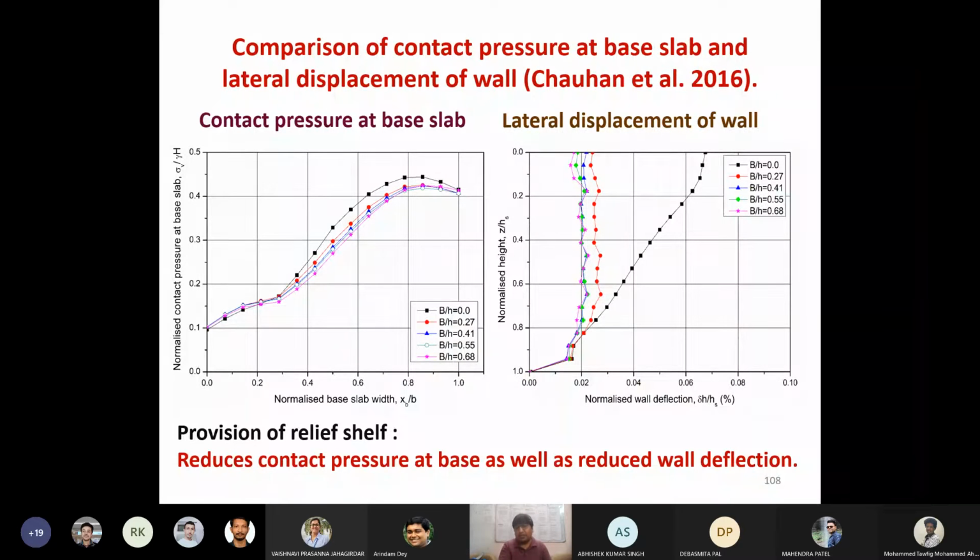Also, with the introduction of the relief shell, the lateral displacement of the wall has drastically reduced. Without the relief shell, the wall movement was similar to this one, and with the relief shell, this was the wall movement.